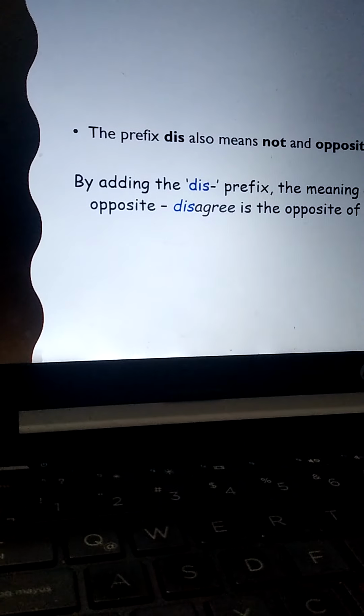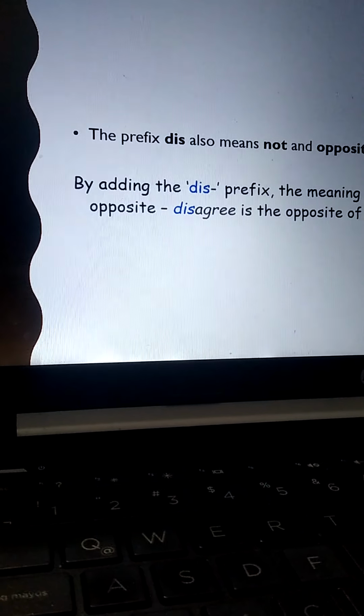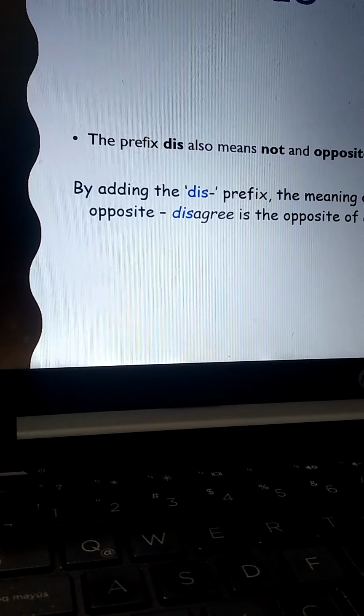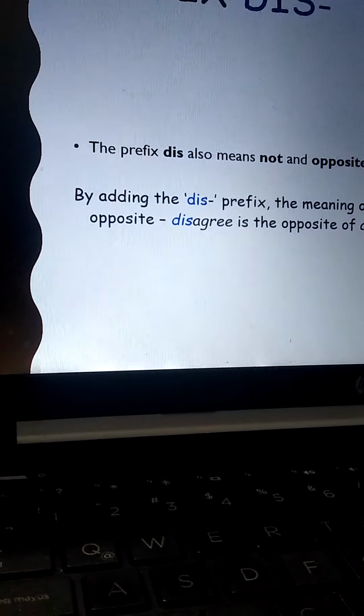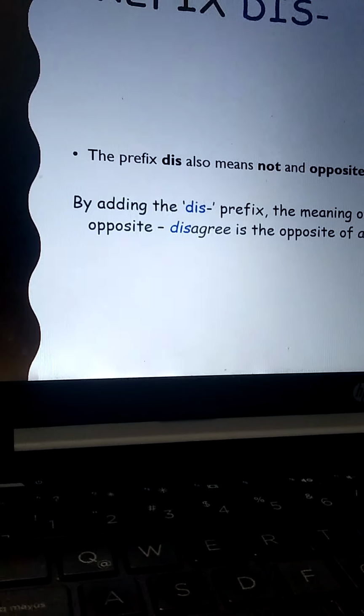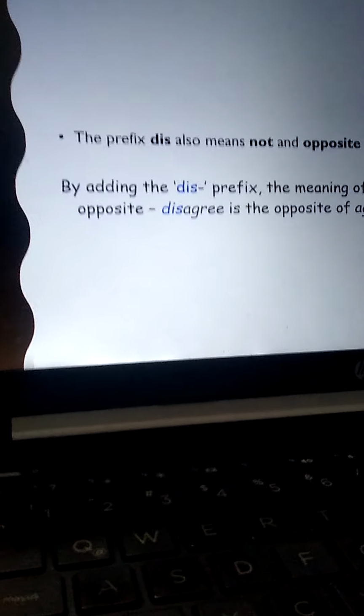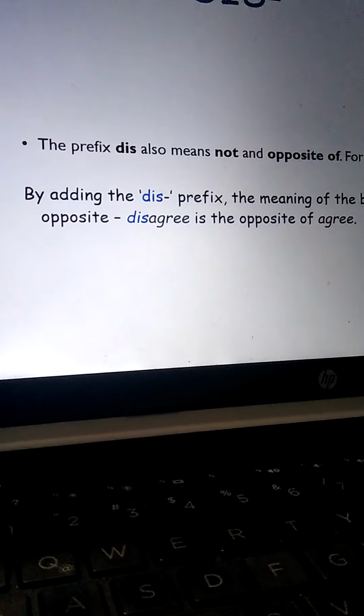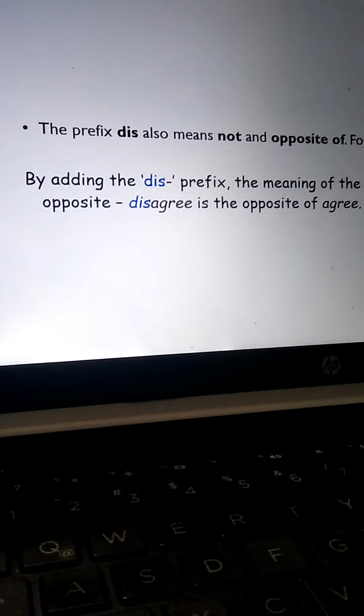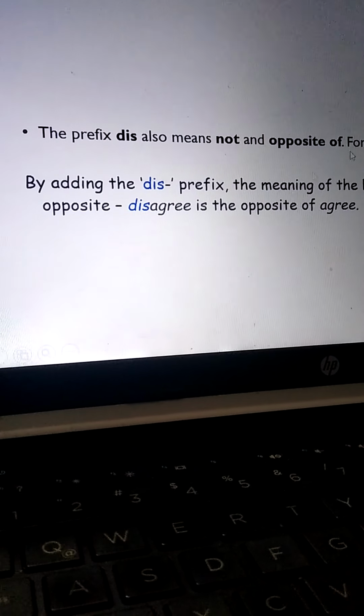When you add this prefix, again, the base word changes to the opposite, like agree, disagree, like, dislike, appear, disappear, obey, disobey. Can you find another one? Honest, dishonest, able, disable.